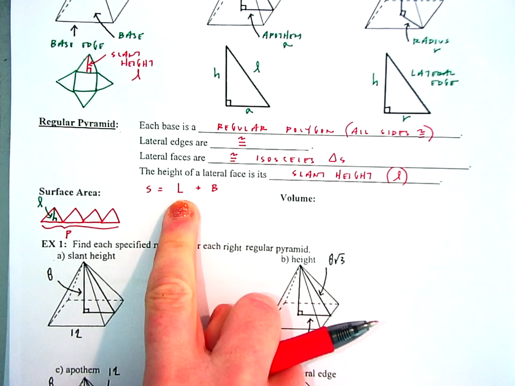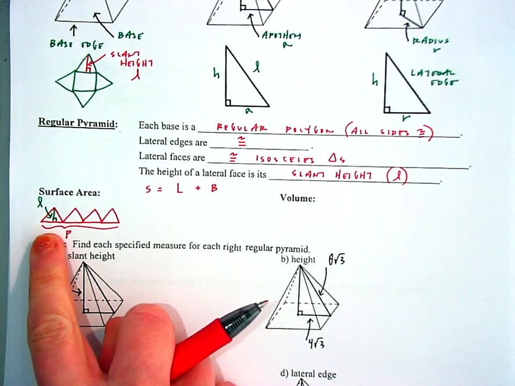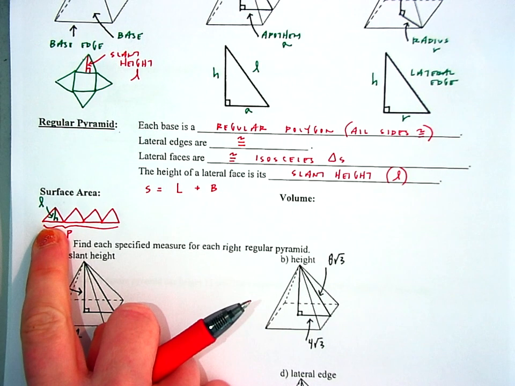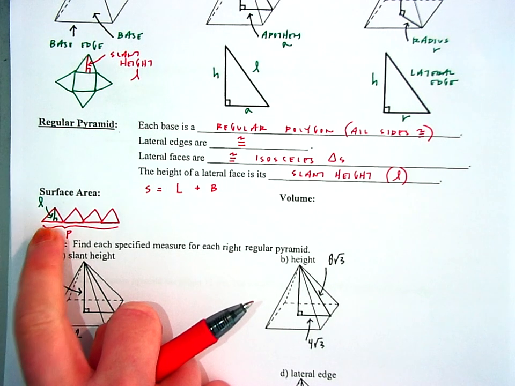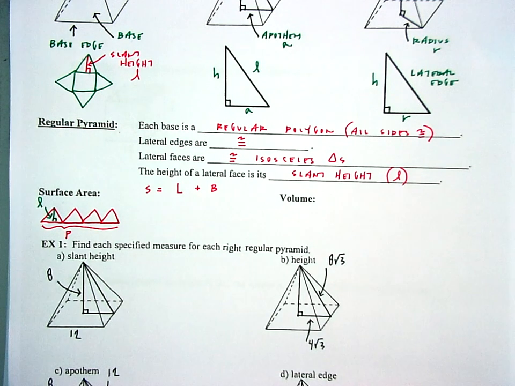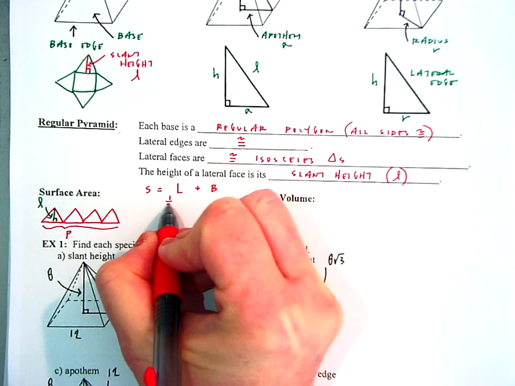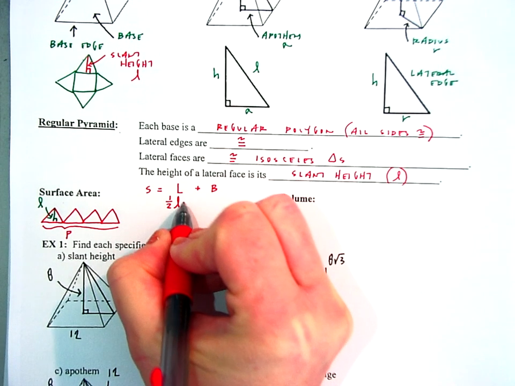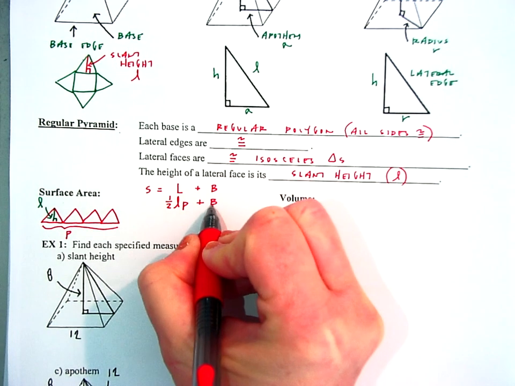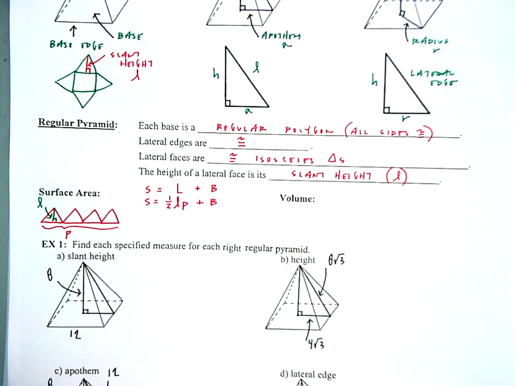But my lateral area, I can picture it as a strip of triangles. Each triangle would be 1/2 the base times the height, but I'm going to take all those bases together and call it my perimeter. So I'm going to say 1/2 the slant height times the perimeter, and then plus whatever that base area is, because we know that it can vary, right?